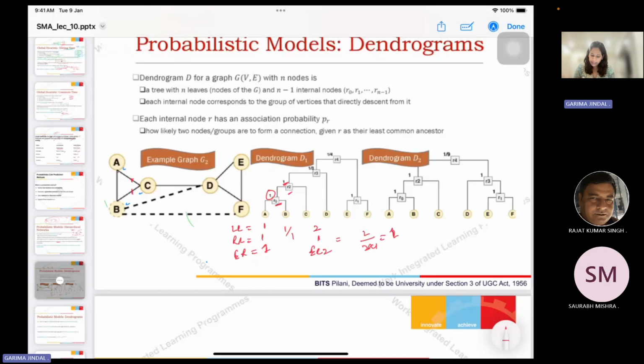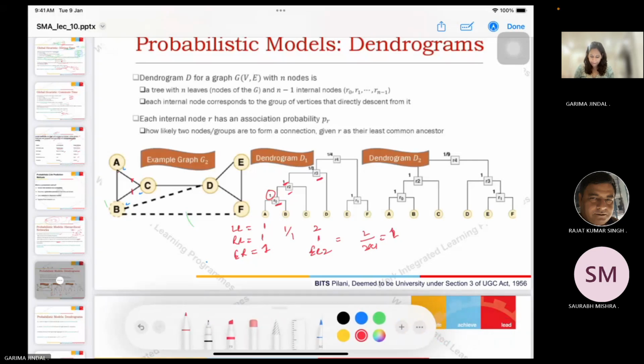Now let us check the calculation for R3. What is the LR value? 3, correct.